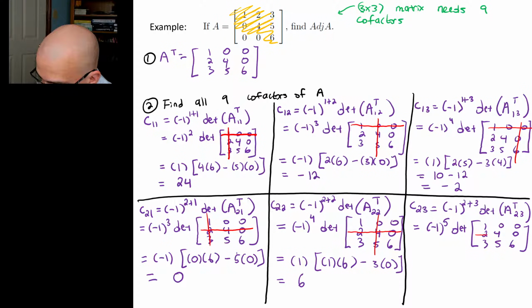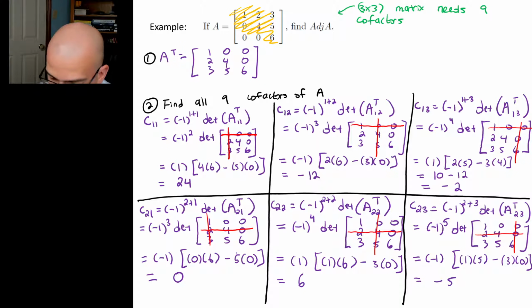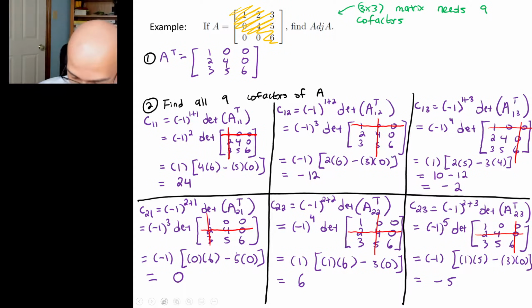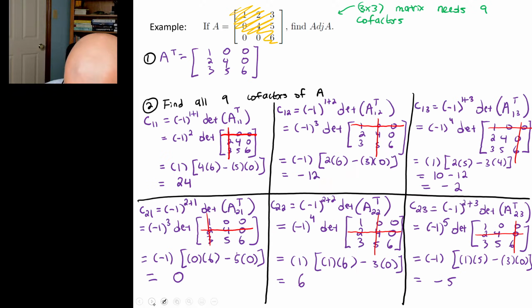We eliminate row 2, eliminate column 3. So we have negative 1 multiplied by the down product, 1 times 5, minus the up product, 3 times 0. So we get negative 5 for that one. So 24, negative 12, negative 2, the first row, and then 0, 6, negative 5.